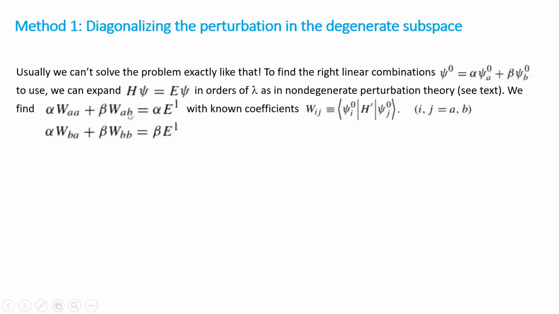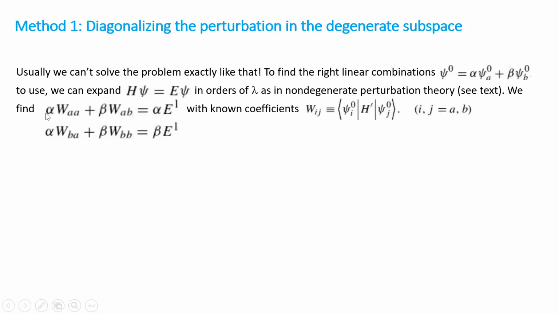And what we find is, after we do the expansions and take some inner products with these states psi A0 and psi B0, we find this kind of matrix equation. But we'll see that it's a matrix equation in a second.